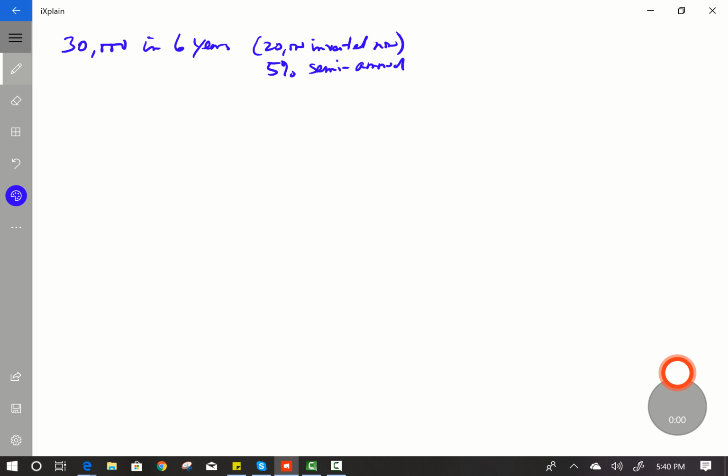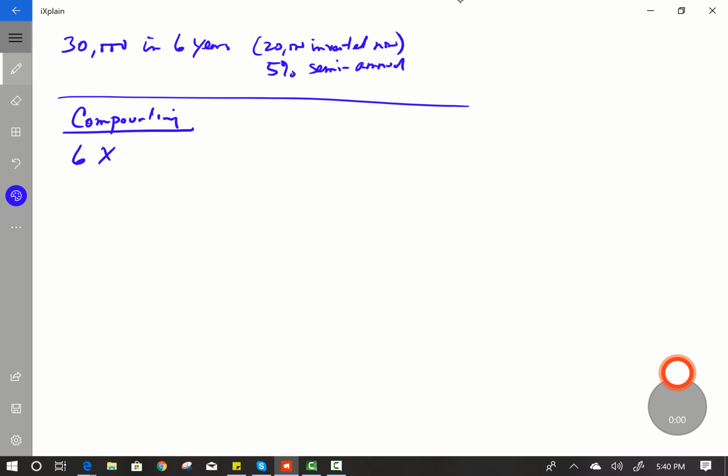Okay, so first of all, I want to look at it 2 different ways on this one. So first, to compound it, I'm going to take 6 years times the number of times it's compounded in a year, which is twice, to give us 12 periods. And then take the 5% divided by the number of times it's compounded in a year, which is twice, to give us 2.5%.